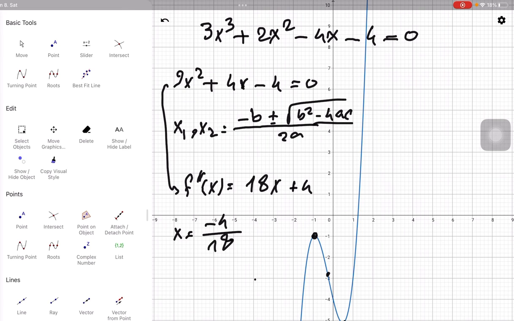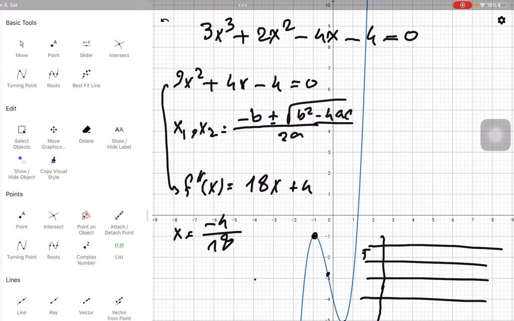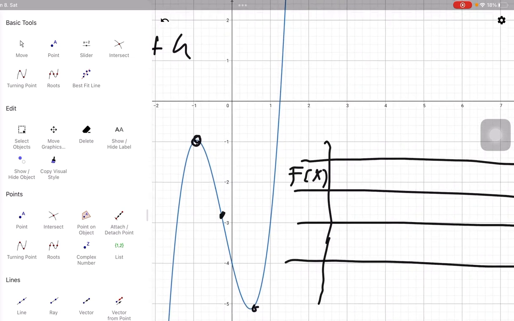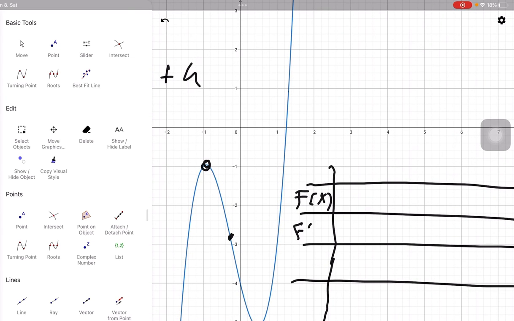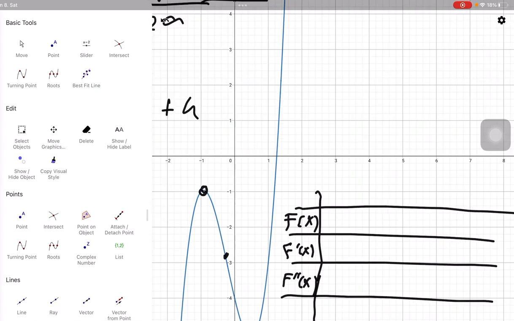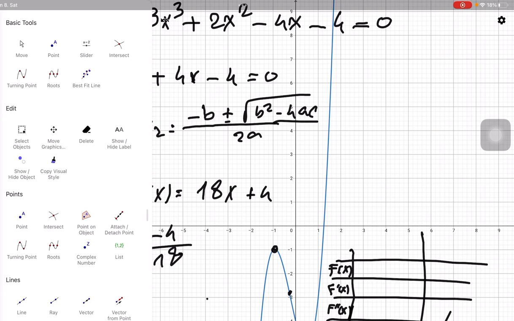And how can we find this relation? We can use this very beautiful graph: f x, f prime x, f second x. For example, when we have three graphs, we have several numbers.